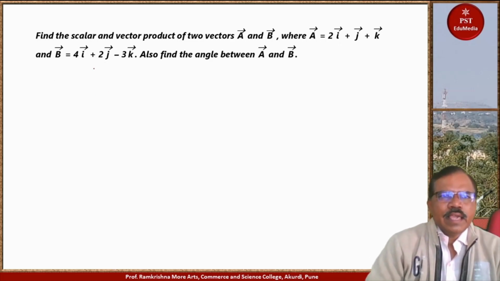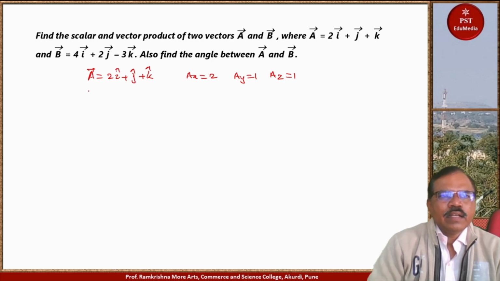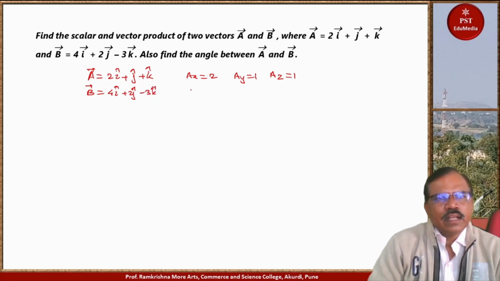Here A is 2i plus j plus k, so Ax is equal to 2, Ay is equal to 1, Az is equal to 1. And B is 4i plus 2j minus 3k, so Bx is equal to 4, By is equal to 2 and Bz is equal to minus 3.